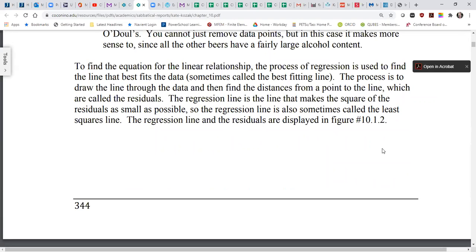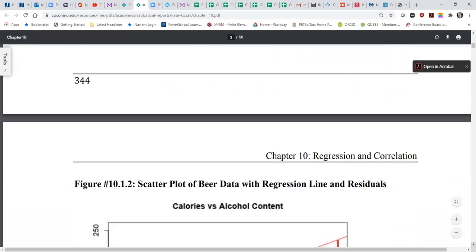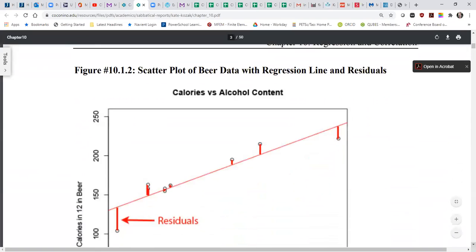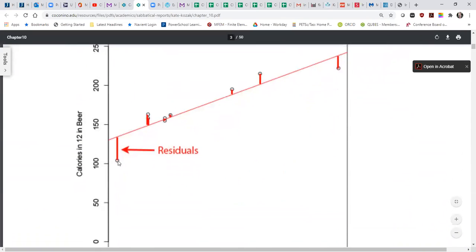You can see from figure 10.1.2 here. If this is the line and this is a point, the residual is the difference between this and this.